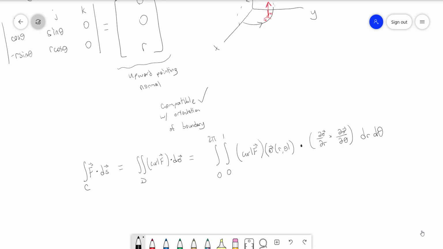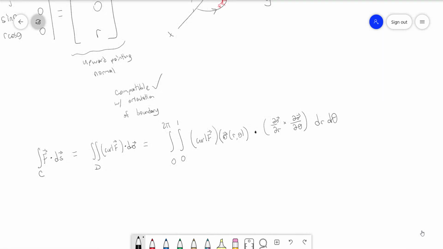Now, in the event that your parameterization gave you a normal vector pointing in the opposite direction from what you needed, you could just put a negative sign in front to get the correct result in the end. But since we have a parameterization that gives us the correct direction for the normal vector, we would not need to put a negative sign in front.